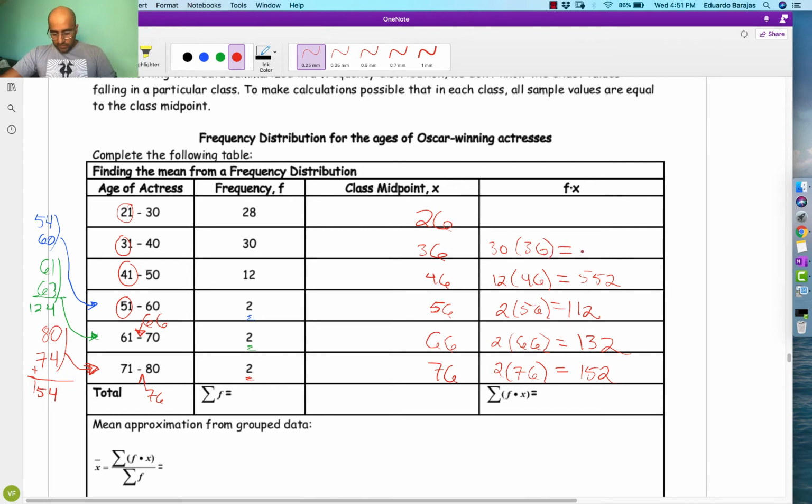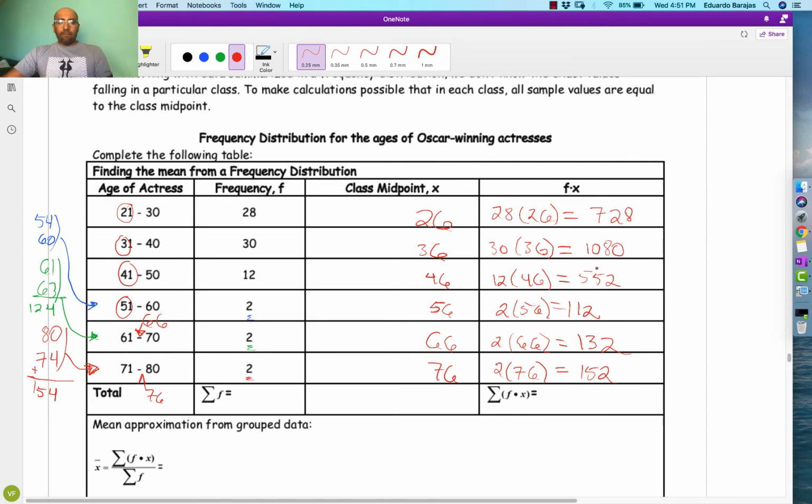30 and 36 multiplied to 1,080. And finally, 28 and 26. 28 times 26 multiplies to 728.